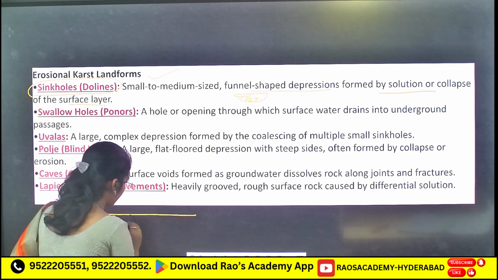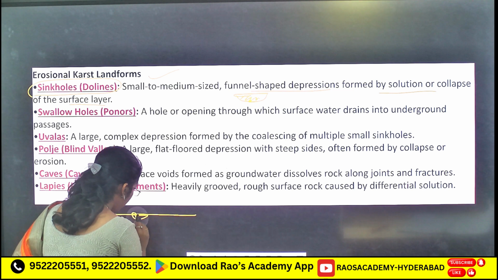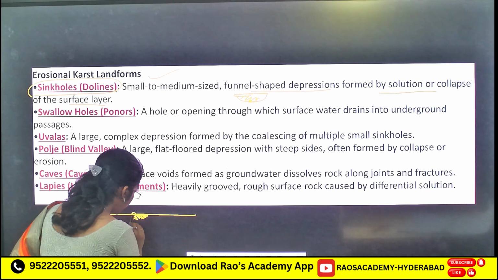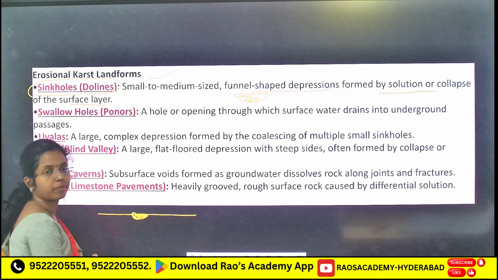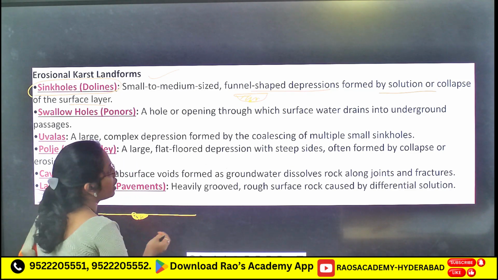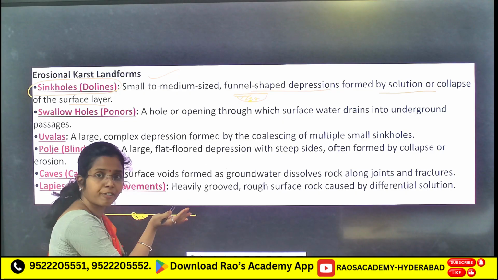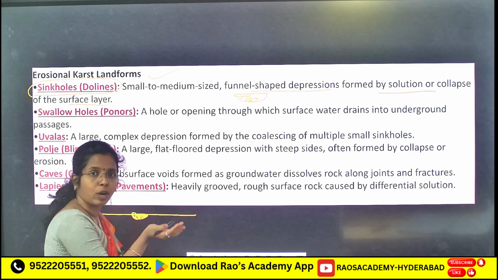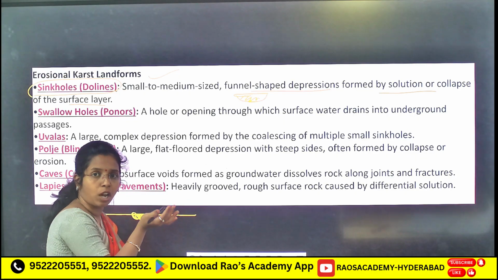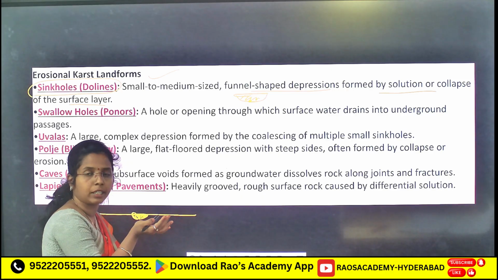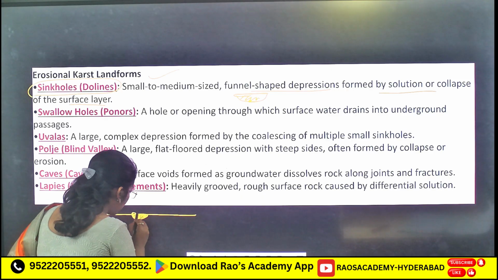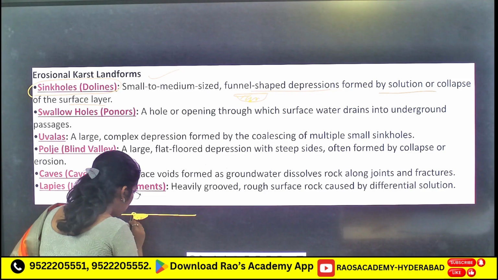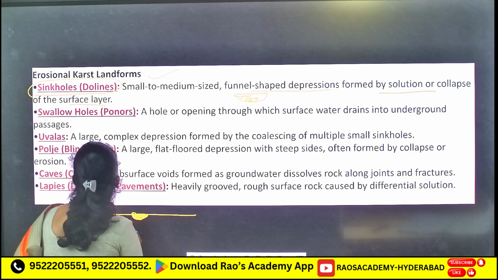What happens here? The rocks are soluble. Here you will see a small depression because of that soluble nature. Limestone is soluble in groundwater. Here you will see erosion, and because of this erosion you will see a depression here.